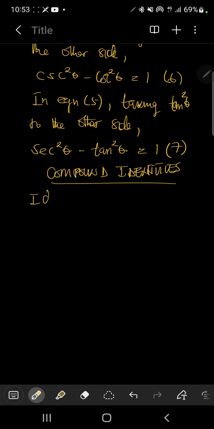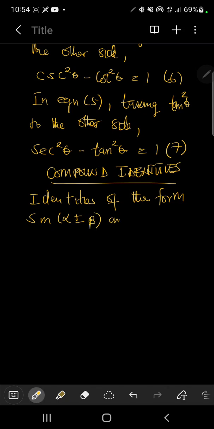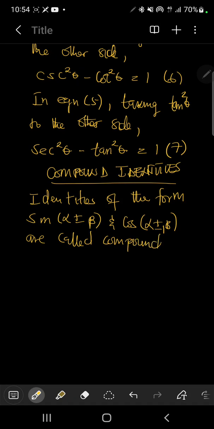So identities of the form sine alpha plus or negative beta and cos alpha positive or negative beta are called compound identities.